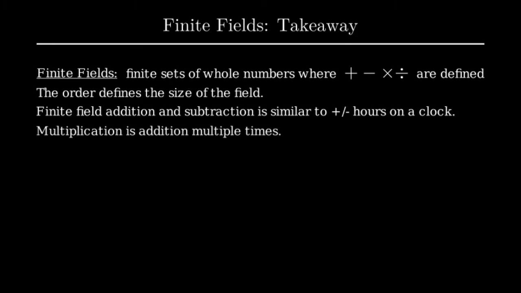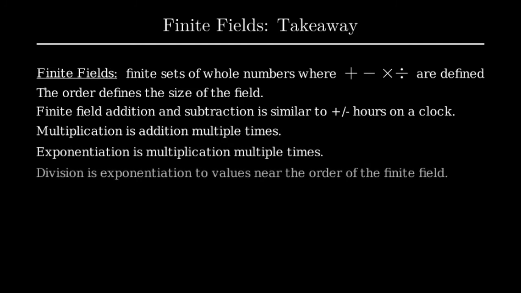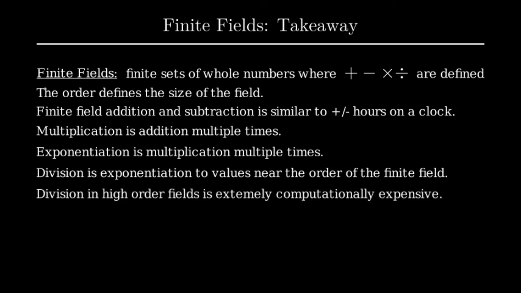Multiplication is addition multiple times. Exponentiation is multiplication multiple times. Division is exponentiation to values near the order of the finite field. Division in high-order fields is extremely computationally expensive.